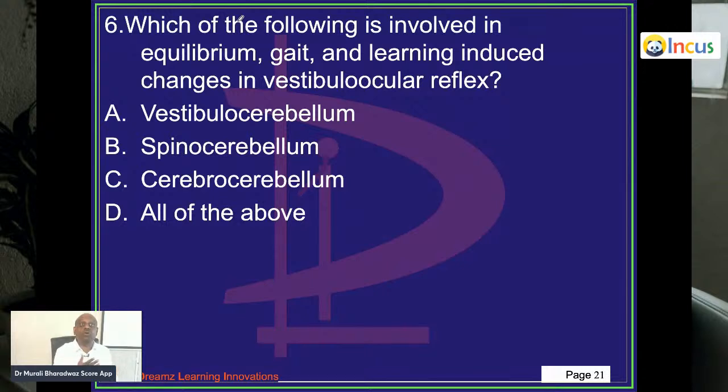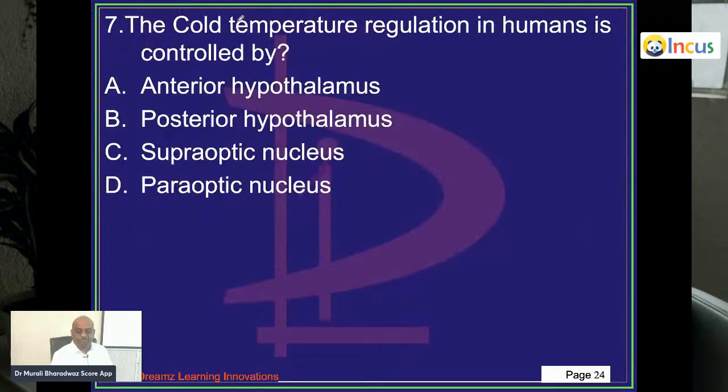That's called vestibulocerebellum. So vestibulocerebellum controls our gait, equilibrium and everything. Why will a drunkard, an alcoholic, be swaying? Because the vestibulocerebellum, which maintains the balance, is affected, is what you need to remember.